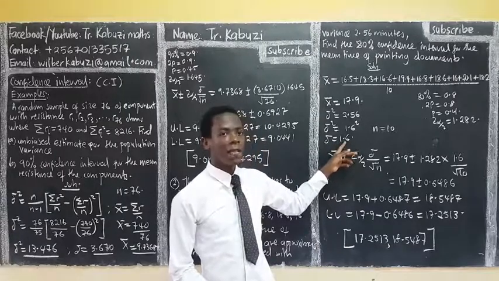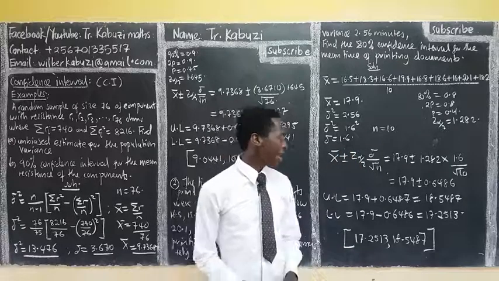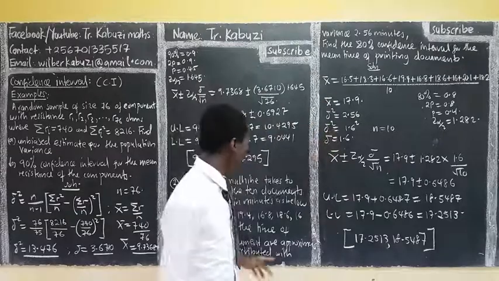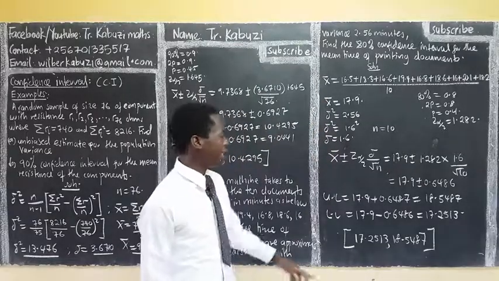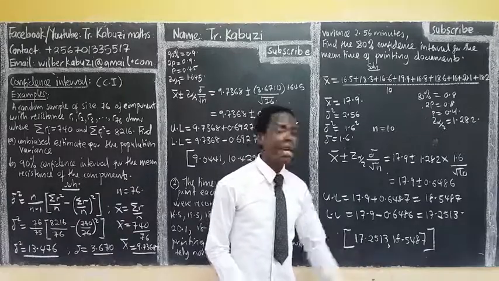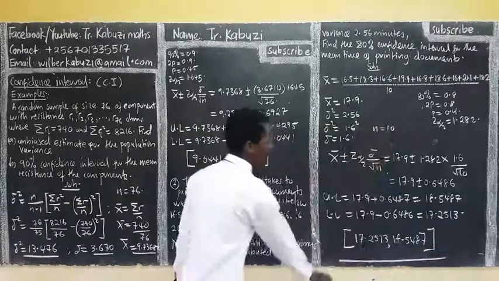The smaller the standard deviation, the smaller the interval; the bigger it is, the bigger the interval. Now we are sure that the mean time of printing these documents is between these two values.